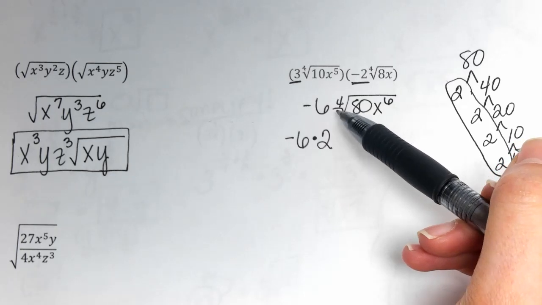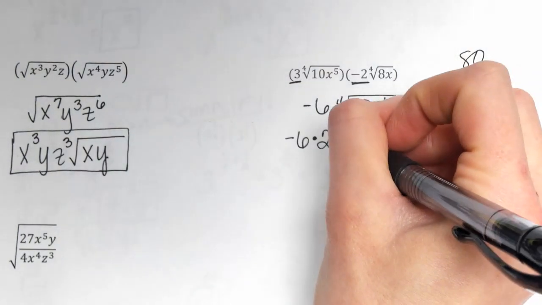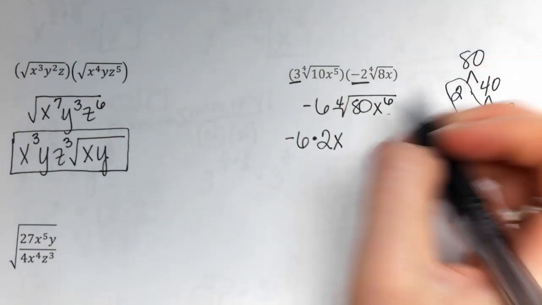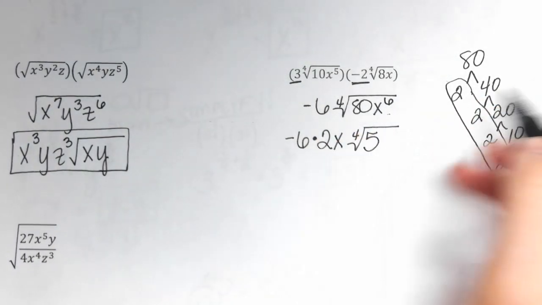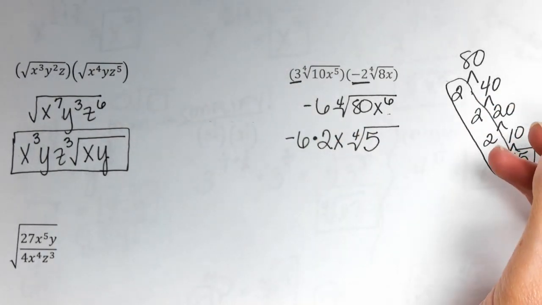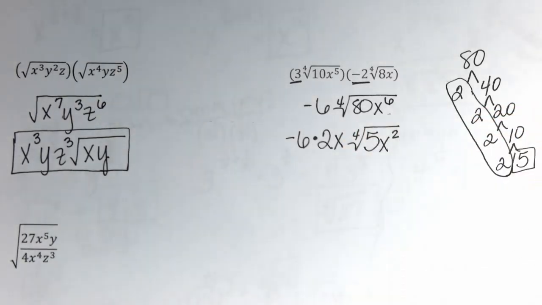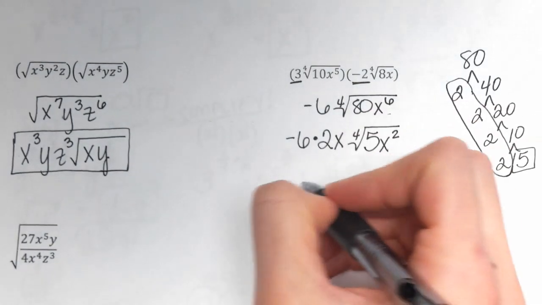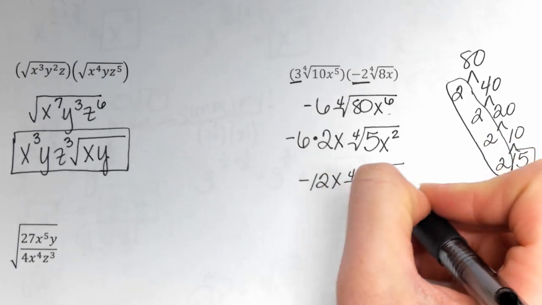Okay, I need 4 out of 6. How many groups am I going to have? Just 1. And I'm going to have my 5 left over. How many x's am I going to have left over? 2. I had 6. I took out 4. Got 2. Alright, so that becomes negative 12x, fourth root of 5x squared.